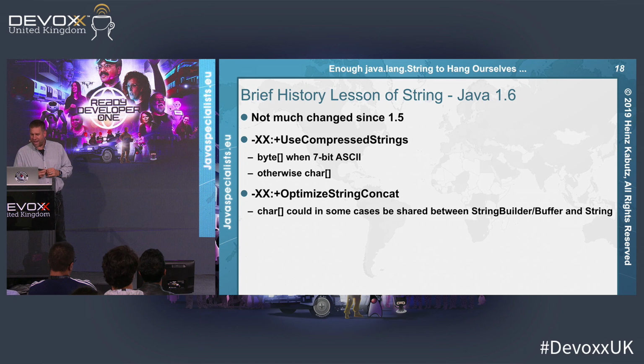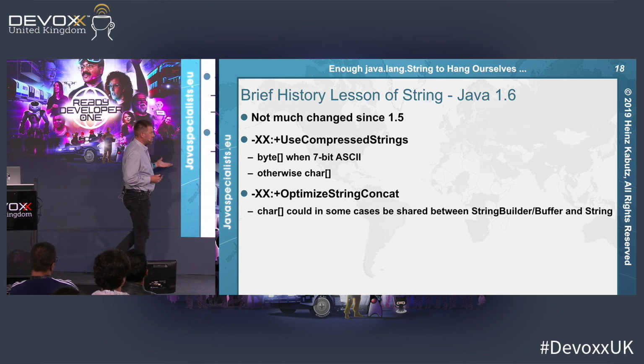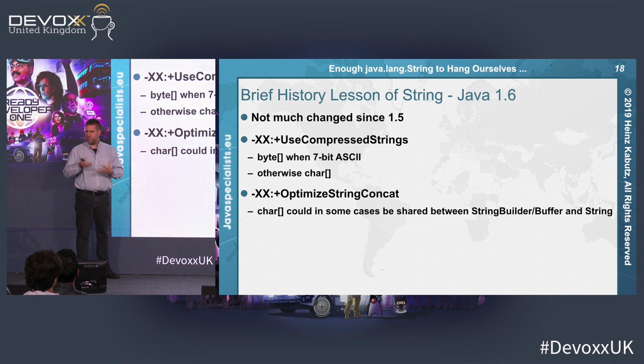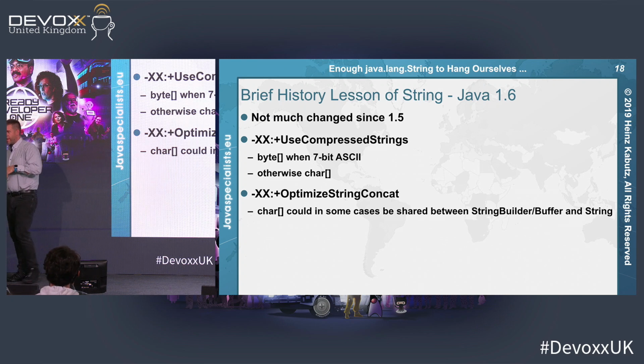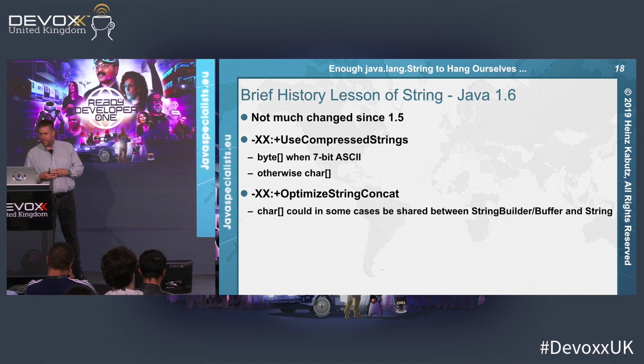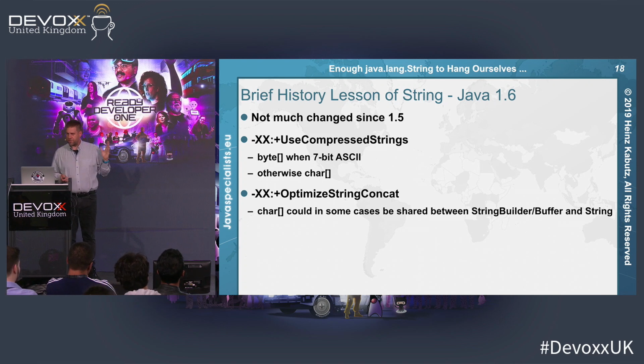Another thing which they added was optimized string concat. See, one of the problems in Java 5 was because they now had StringBuilder and StringBuffer, they couldn't share the char array with the String anymore. But in Java 6, when they added optimized string concat, they again could share the char array with the StringBuilder and the StringBuffer and String.